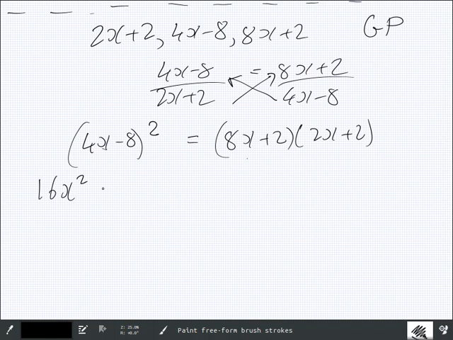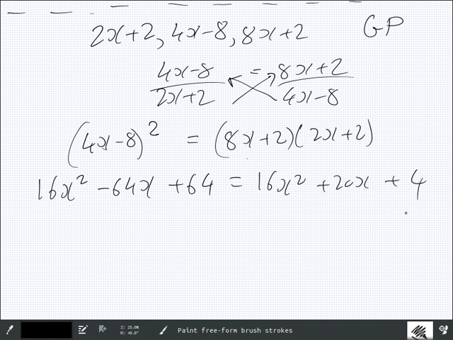16x squared minus 64x, is it? Plus 64, is that right? Yeah. Equals 16x squared, and then 4 and 16, 20x plus 4.